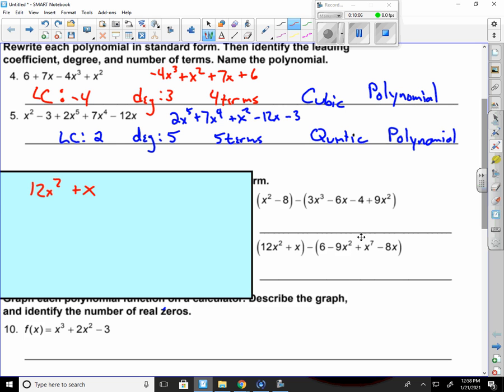When I look at the back side, I see I have an x to the 7th. So I'm going to move this over. X to the 7th is going to go out front. I'm sorry, that was number 9. Guess I should do 7 first, huh? X squared minus 8.